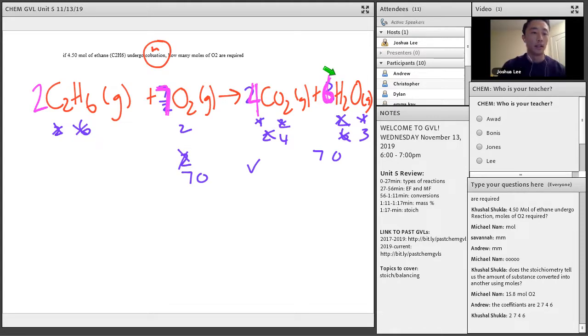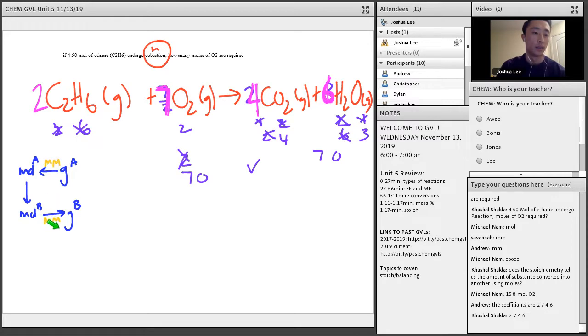Then a little thing that you might want to learn how to start drawing for stoichiometry is this. Grams of A to moles of A to moles of B to grams of B. This will help you where it's like, okay, molar mass, molar mass, molar mass, molar mass.